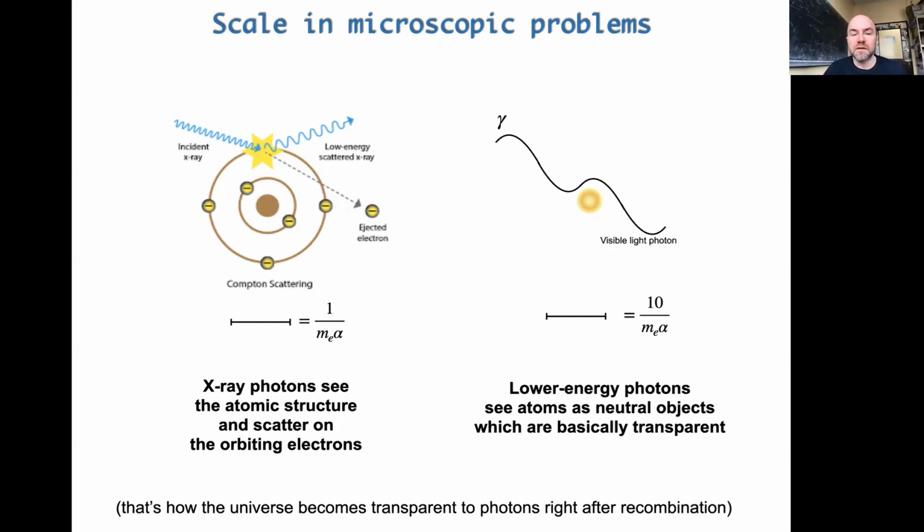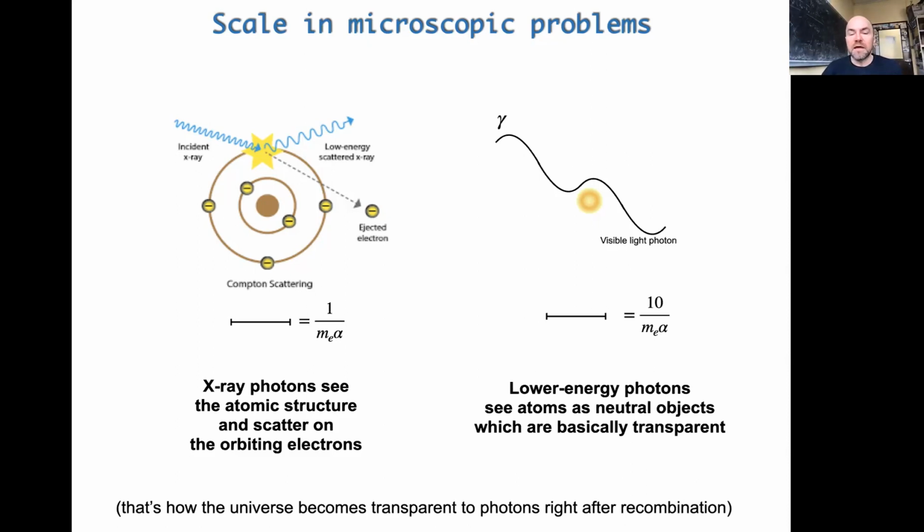On the other hand, on the right hand side of the slide, if you have a low energy photon, then this low energy photon will just see this atom as a neutral object, and because photons do not interact with neutral objects, in the first approximation the photon will just ignore it, and it will go through it or go around it, as you like.